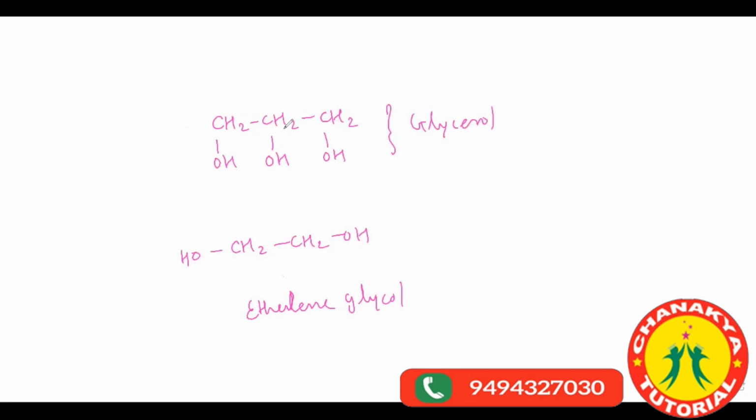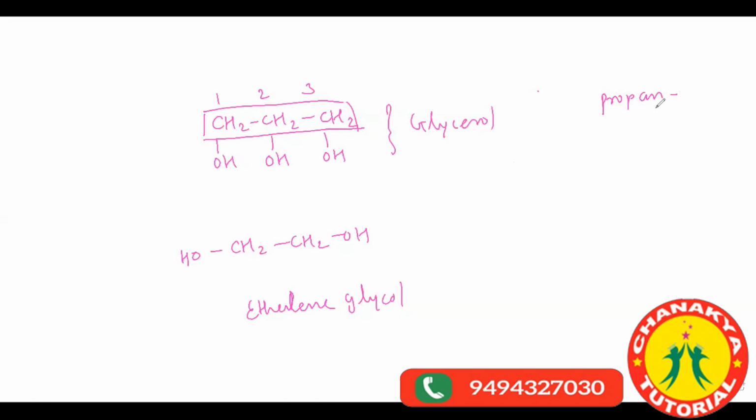In the same way, you have to see the longest chain of carbon. This will be the longest chain. Each carbon has one hydroxyl group. So 1, 2, 3. Either you can start from here or there, it doesn't matter. So the parent would be propane. The E should be replaced with OL.